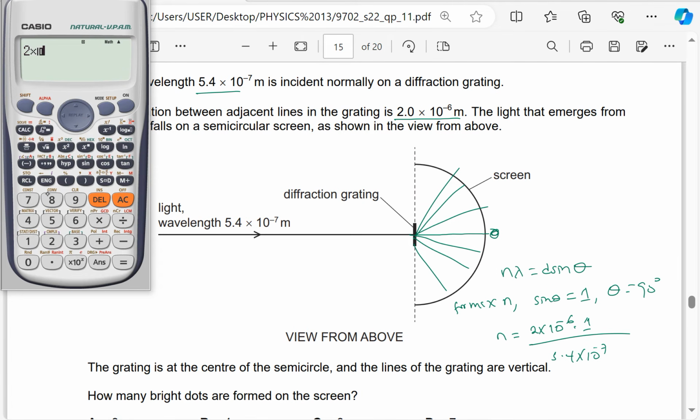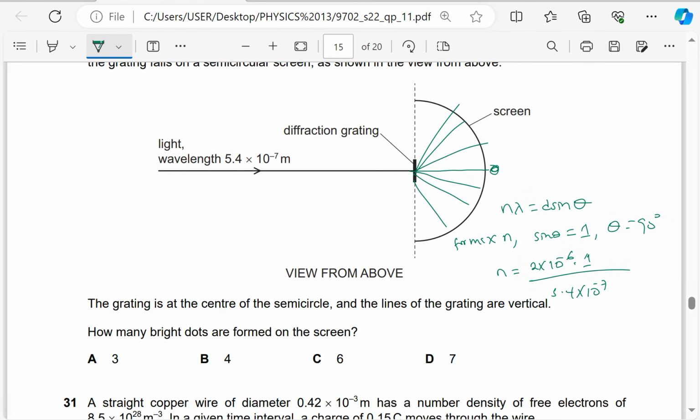So this is 3.7, but I'll round down to the smallest whole number, which is 3. So n is 3 down, 3 up.